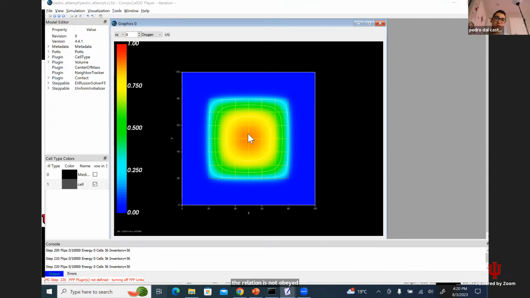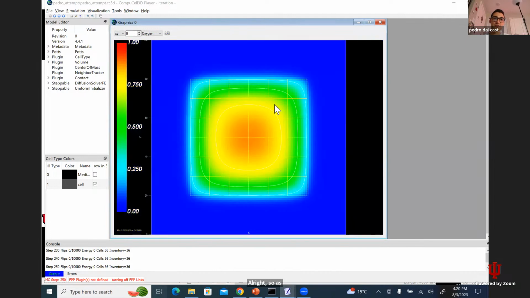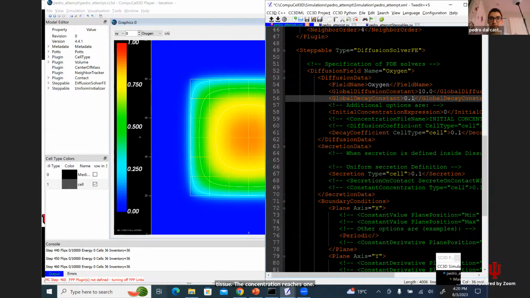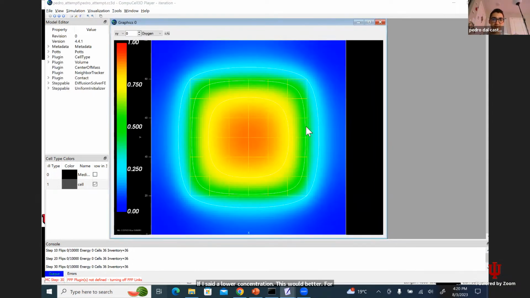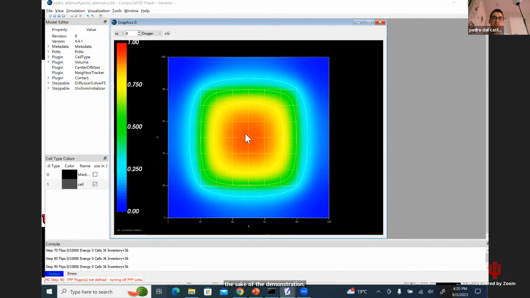So as you go further from the medium, you can see that the relation tries to hold. The decay outside is too high, but as you go into the tissue, the concentration reaches 1. If I set a lower concentration, this will be better for the sake of the demonstration. Inside the tissue, further away from the boundaries, concentration tries to be 1 because it's secreting at 0.1 rate and absorbing with decay 0.1.